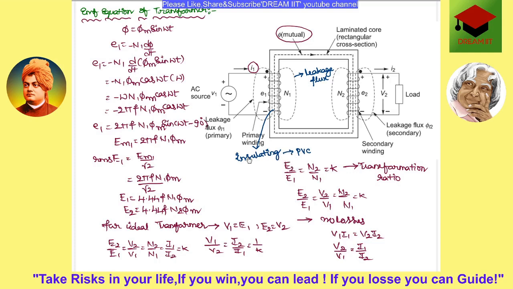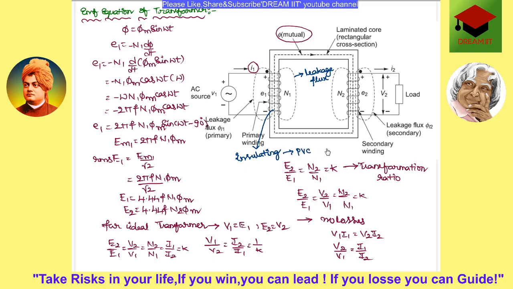If any damage occurs in the insulating material, some losses will be appearing. That type of losses are called the dielectric losses. But we arrange the insulating material also very well, so that these two losses are very less compared with the iron losses and copper losses. That's why they are neglected when we are considering the transformer efficiency.